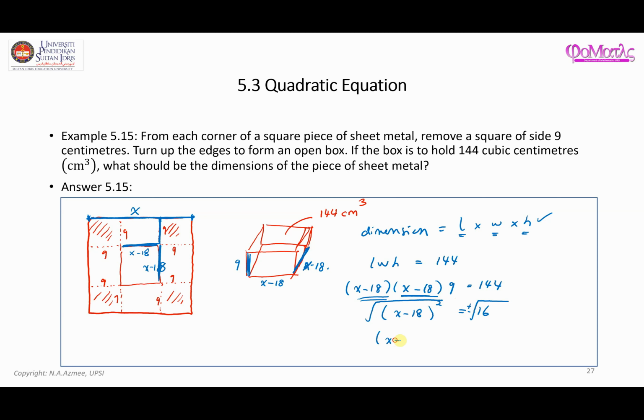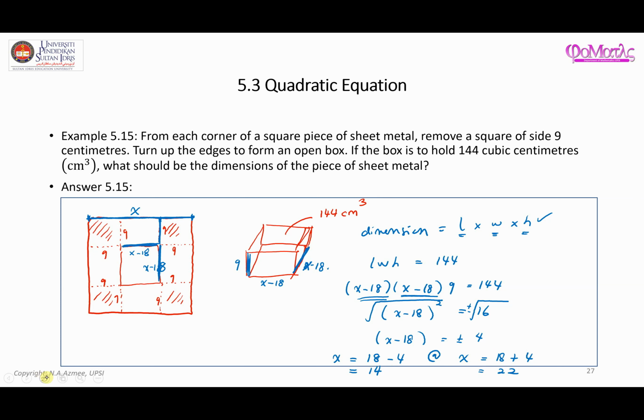And so it becomes x minus 18 equals plus minus 4. So the solution is either x is equal to 18 minus 4, or x must be equal to 18 plus 4. This one is 14 and this one is 22.